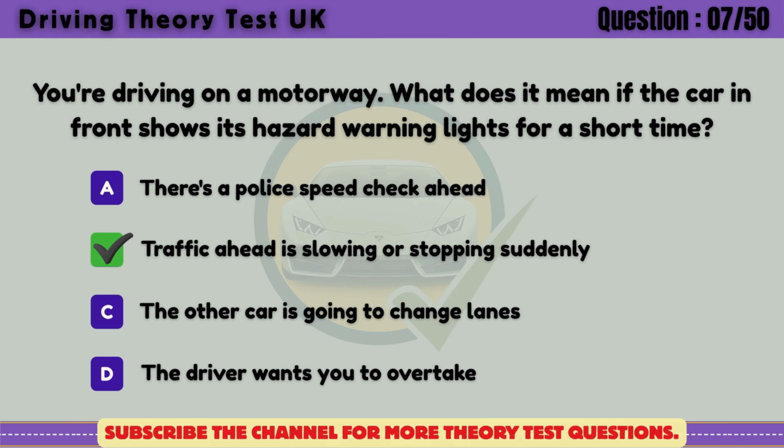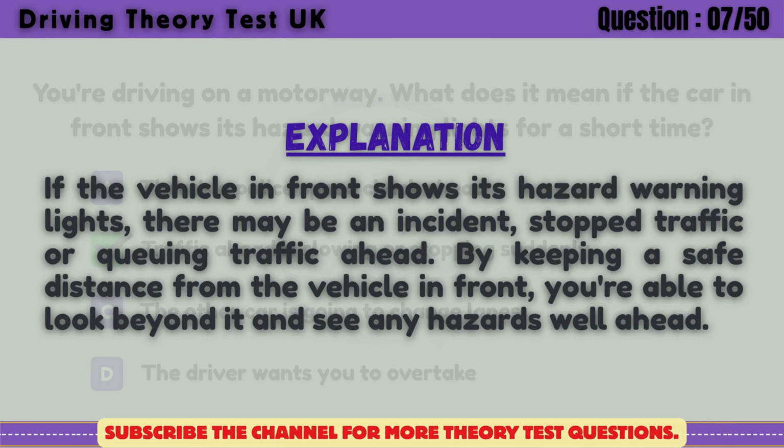Answer is B. Traffic ahead is slowing or stopping suddenly. If the vehicle in front shows its hazard warning lights, there may be an incident, stopped traffic, or queuing traffic ahead. By keeping a safe distance from the vehicle in front, you're able to look beyond it and see any hazards well ahead.